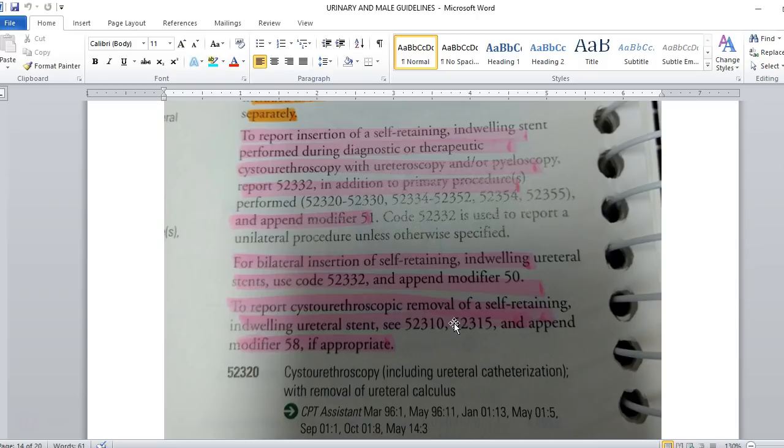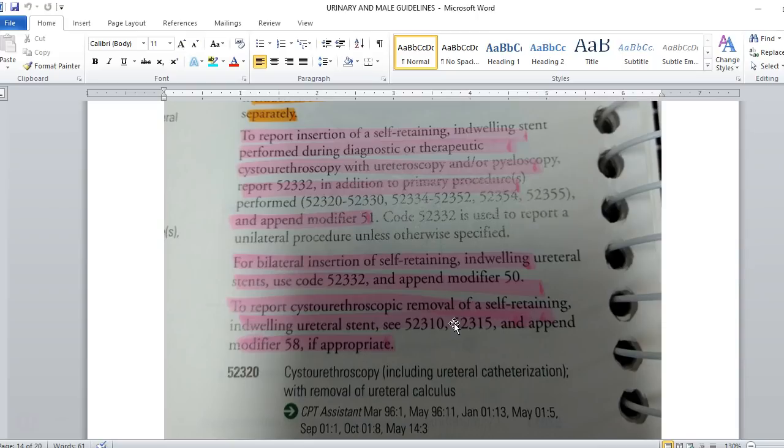If we are slicing into the body, if we are going in through the anus, if we're going in through the perineum, if we're going in through the side of the body, if we're going in through the abdominal cavity to get to the prostate, that comes from male genital. So the only reason the transurethral surgeries are here is because we're going through the urethra to get to the prostate.